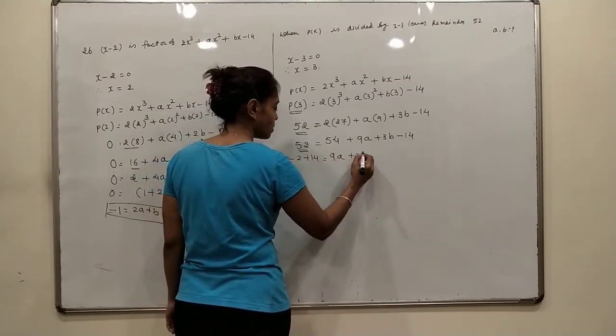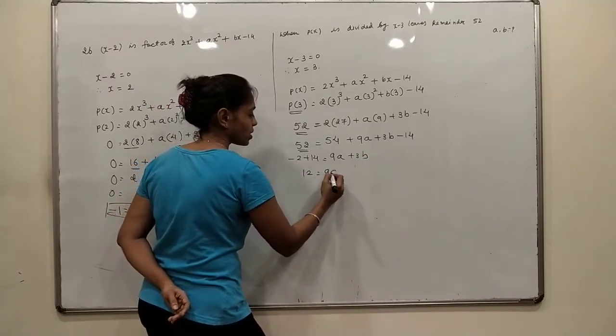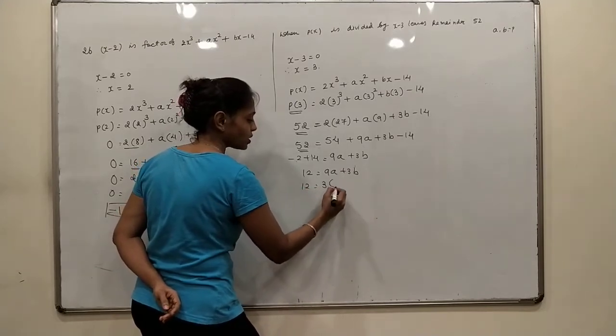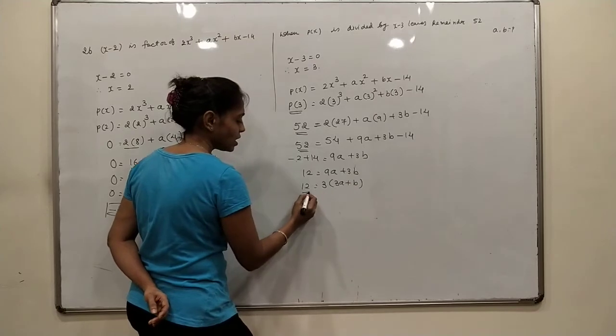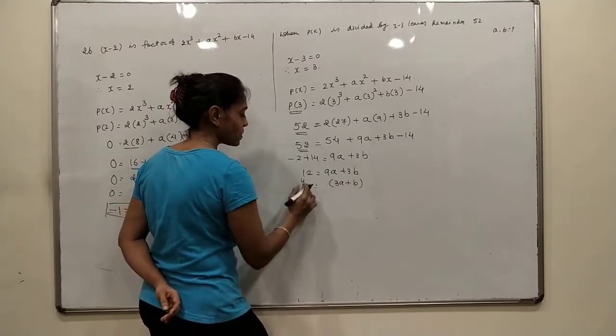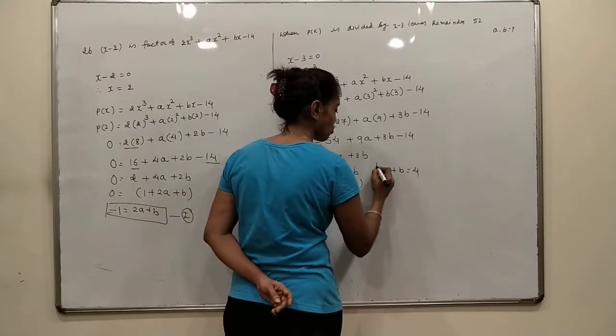Understood? So 12 is equal to 9a plus 3b. 12 is equal to 3 common, 3 3s are 9, plus b. 3 goes down, 3 4s are 12. So 3a plus b is 4.